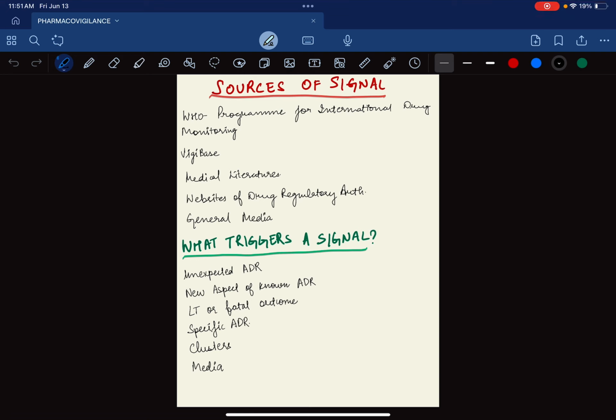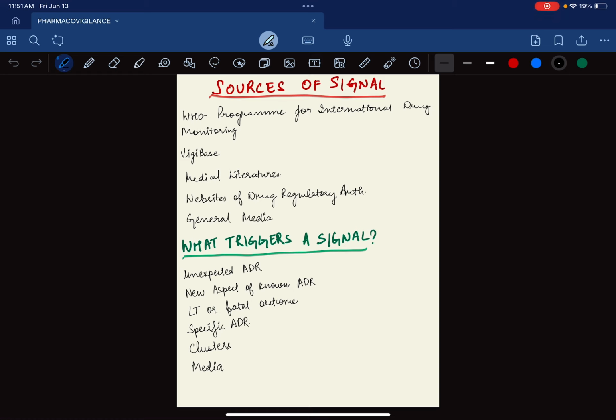For example, at times people report through social media regarding any of the adverse effects or the unusual effects that they encounter after taking a particular medication of a particular company. So these can be the sources of signal.